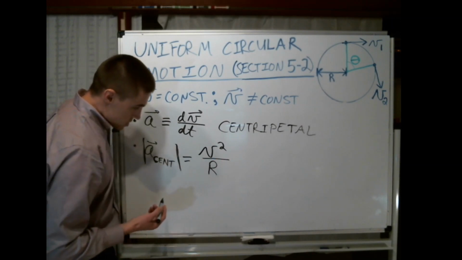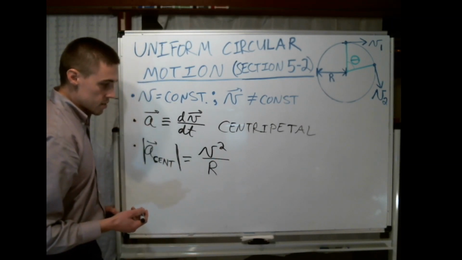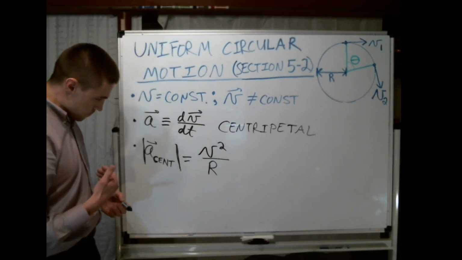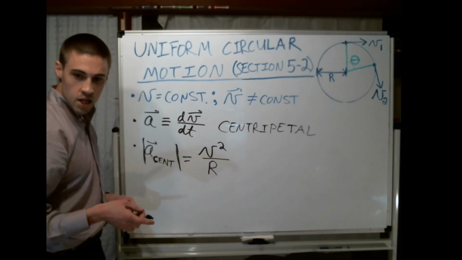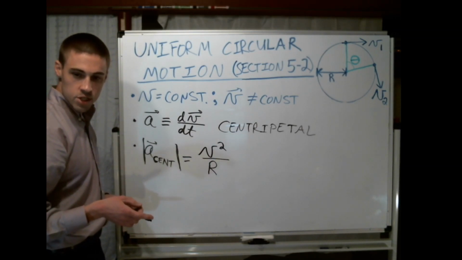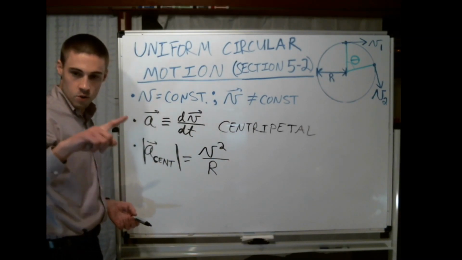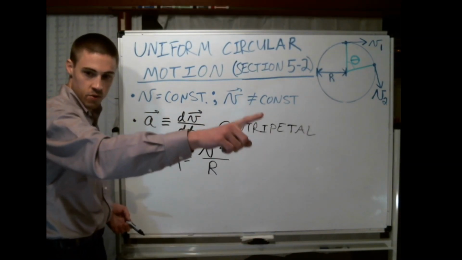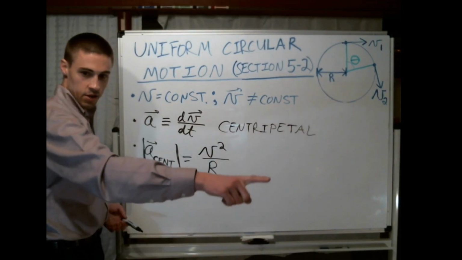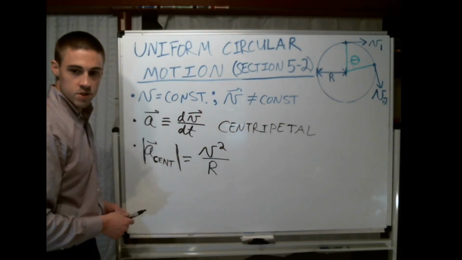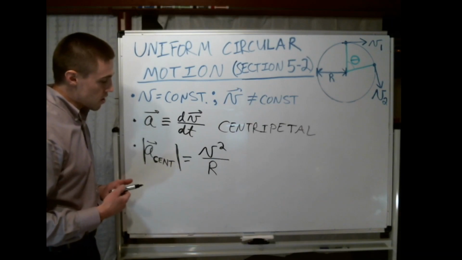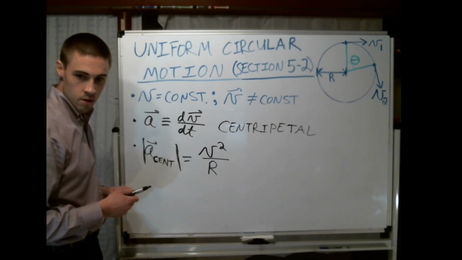Also, the radius: if I were to make it very, very large, then you would see the object, rather than moving around like this, start going more slowly if it was moving out towards the edge. For example, you see this with the planets. The planets are on approximately circular paths.